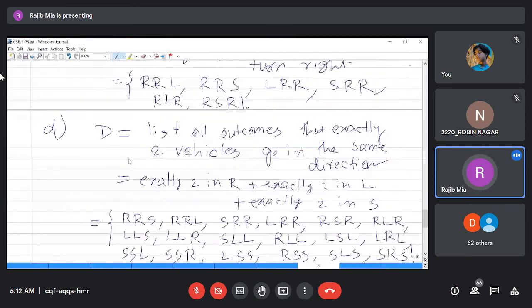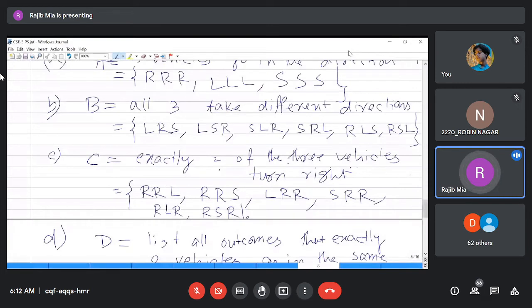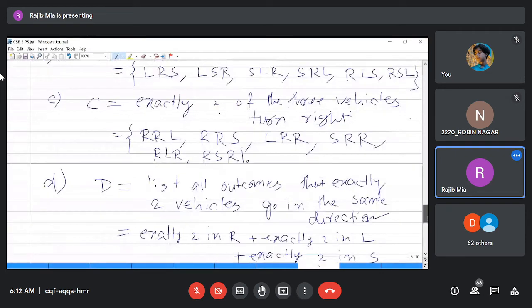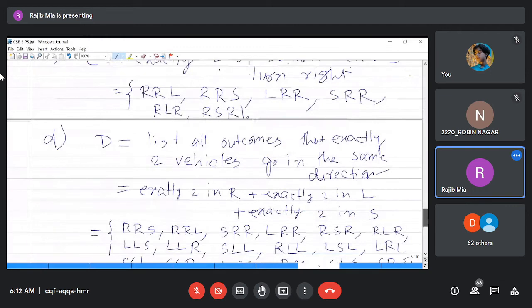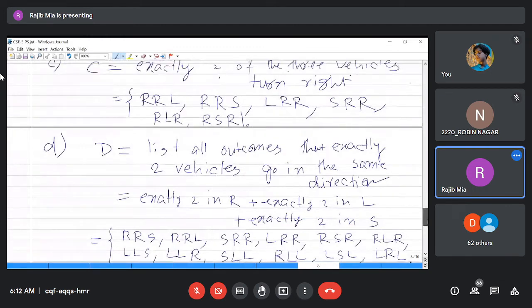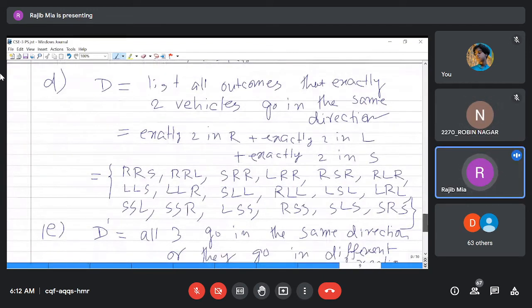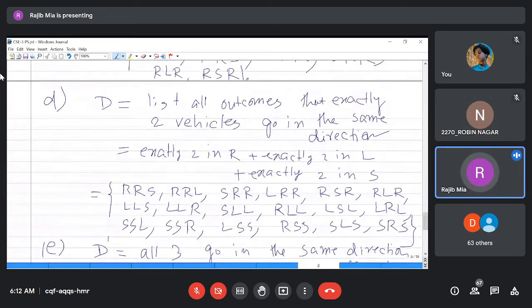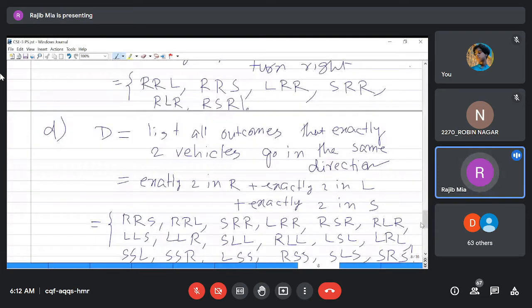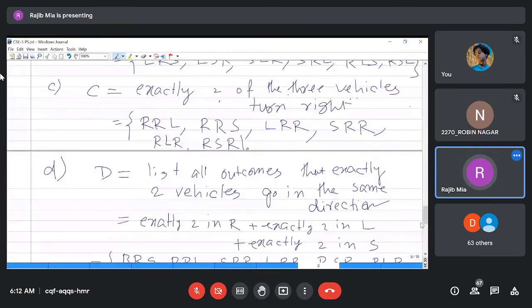And D means exactly two vehicles go in the same direction. That is D. And C means two vehicles turn right. That is event C. So you have to find the union of C and D and intersection of C and D.